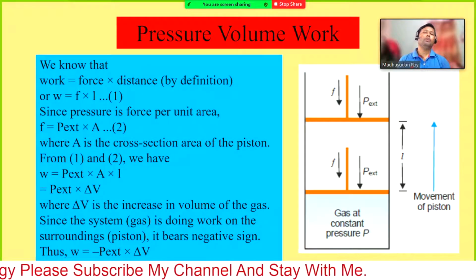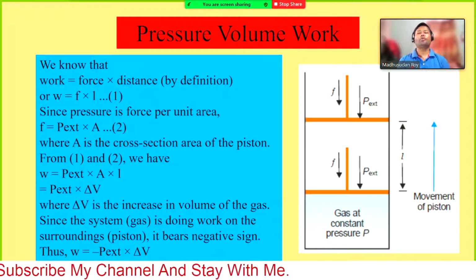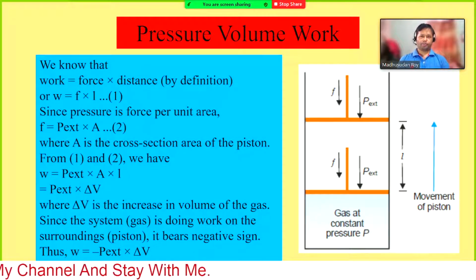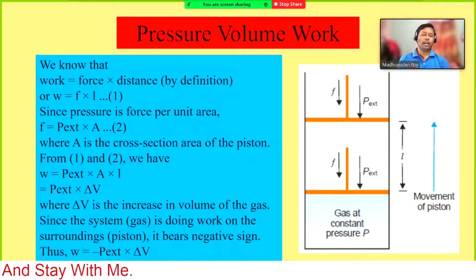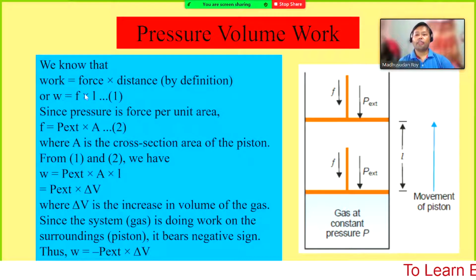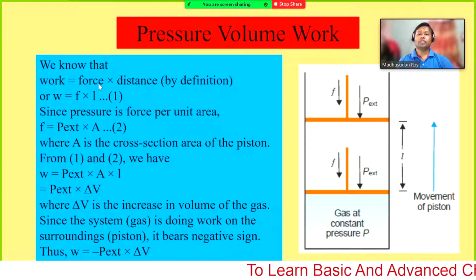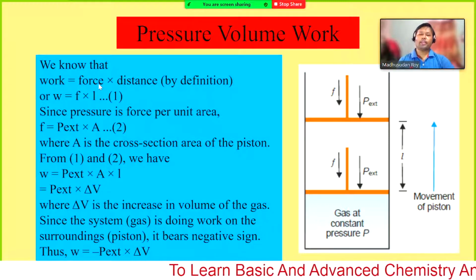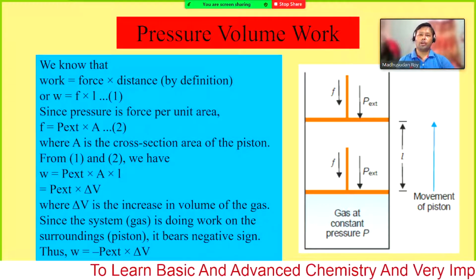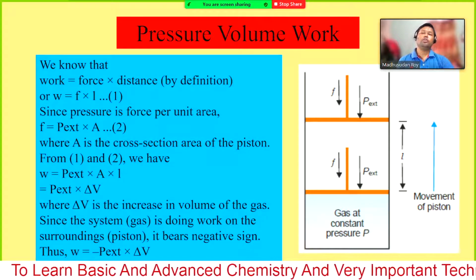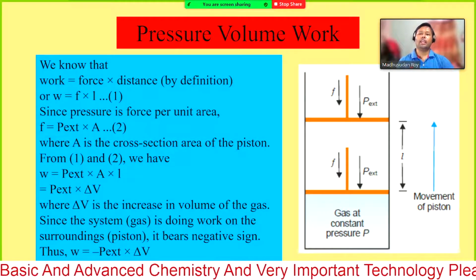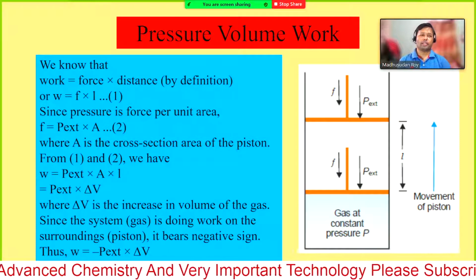Okay, now we will learn about the pressure volume work. Pressure volume work, that means work, here work equals F, force, into distance. Force is a vector quantity, already mentioned, and you have learned this from SSC and HSC level. So what is work?